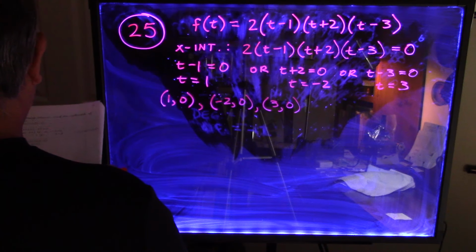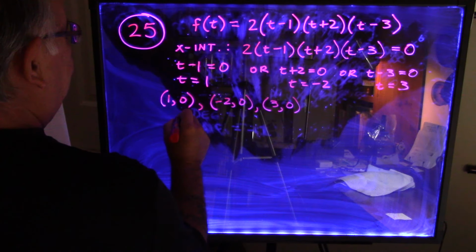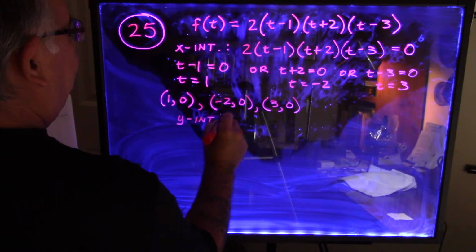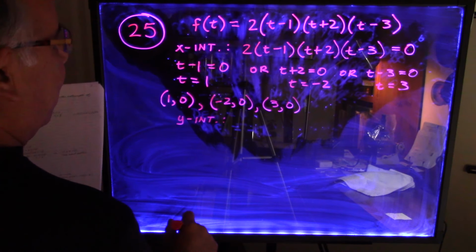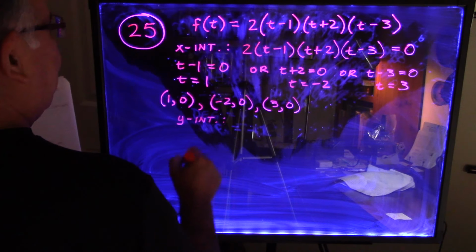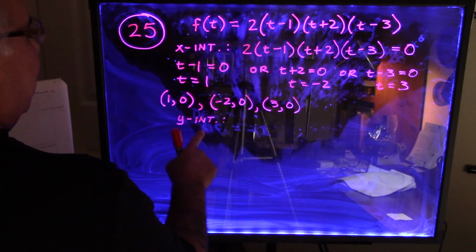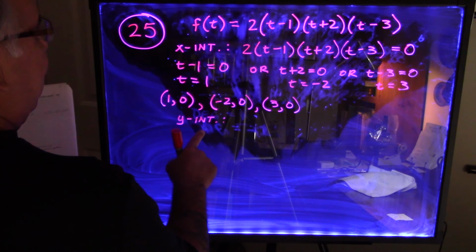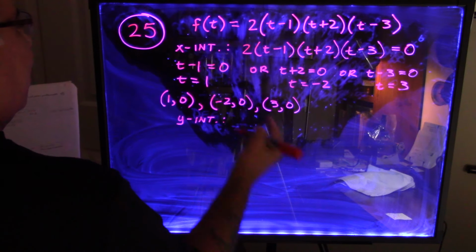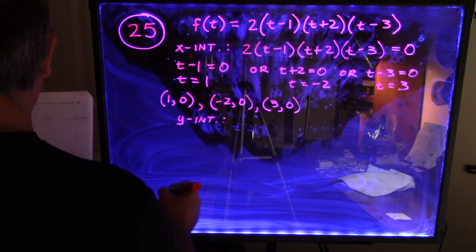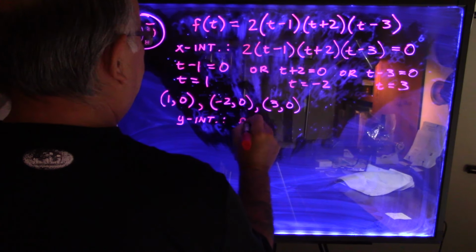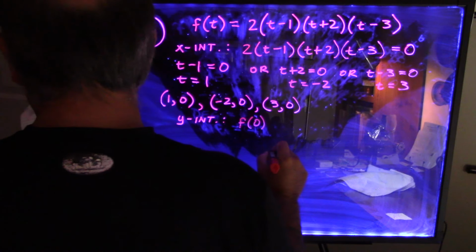Well, now let's find the y-intercept, which is very easy, usually. We want to do the hard stuff first, while we have energy, and then when we're all tired and bedraggled, we can do the easy stuff. So the y-intercept is when x, or t in this case, equals 0. What's y? That's where the function meets the y-axis. So all you have to do is f of 0, and that's usually pretty easy.